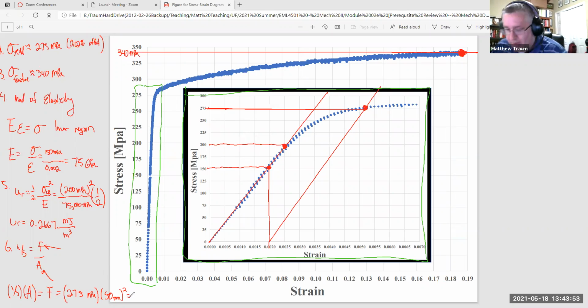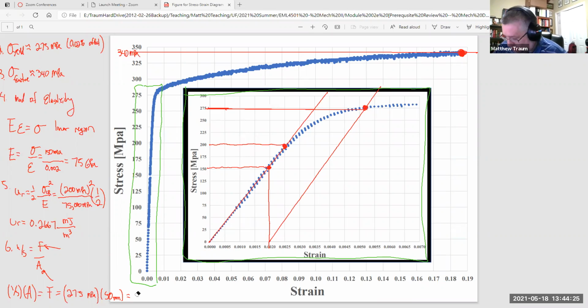And I get, hang on, this one I didn't calculate, 275 times 50 times 50. Oh, sorry. Let me go back. I don't actually need to square this. I was thinking diameter. The area is already given. Let me try again. 275 times 50.